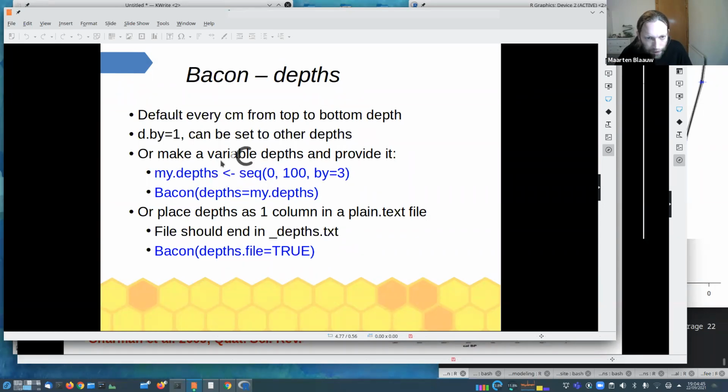The commands are here. Or you can also provide a plain text file, and that file should also be in the folder of your core and should end in depths.txt. And then you just type Bacon and give as one of the options that you have a depth file that you want Bacon to run. Okay.